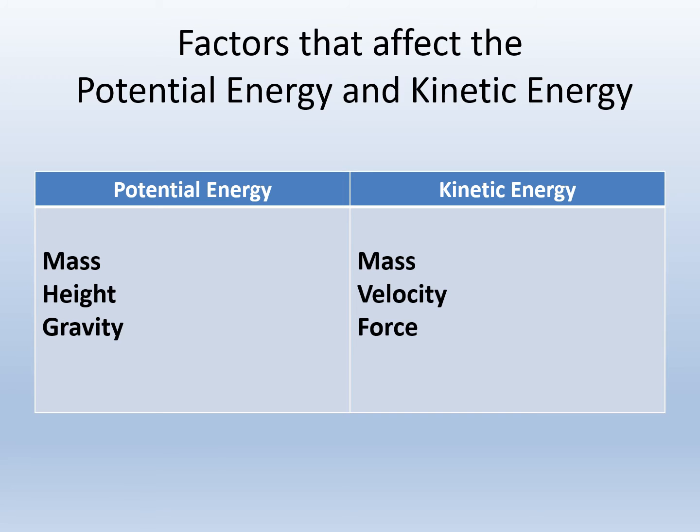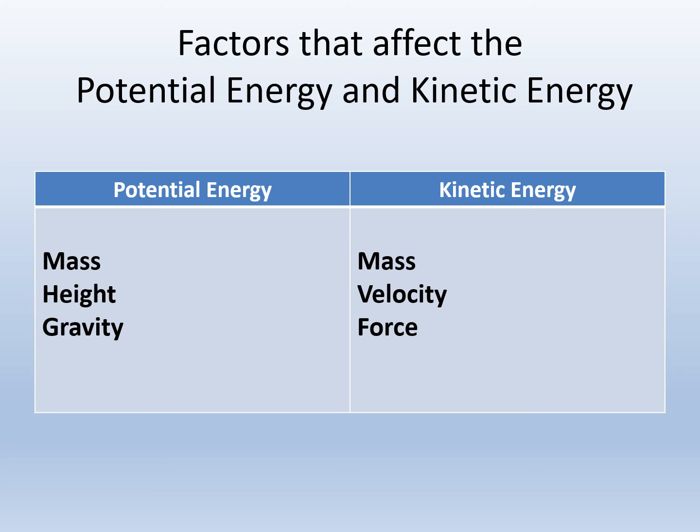So gravity depends on the part of the universe, or with regards to the difference in the planets, right? So next we have here the kinetic energy, and in terms of the mass, how does mass affect the kinetic energy?